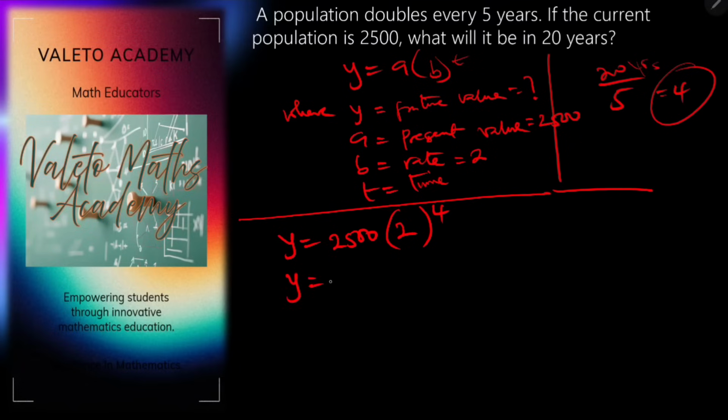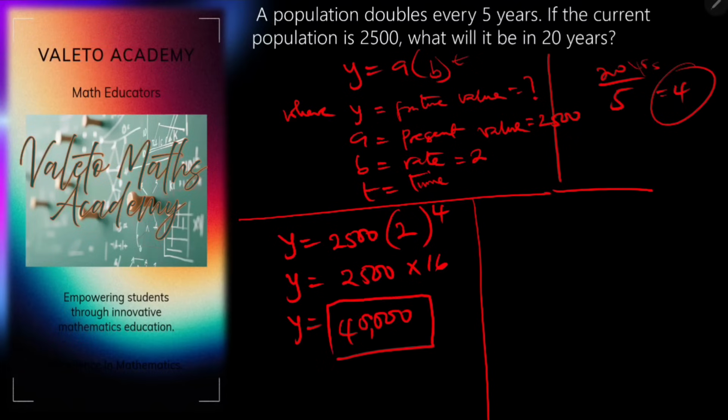So we then have y is equal to 2 raised to power 4, which is 16. So we have 2,500 times 16, and y is equal to 40,000.